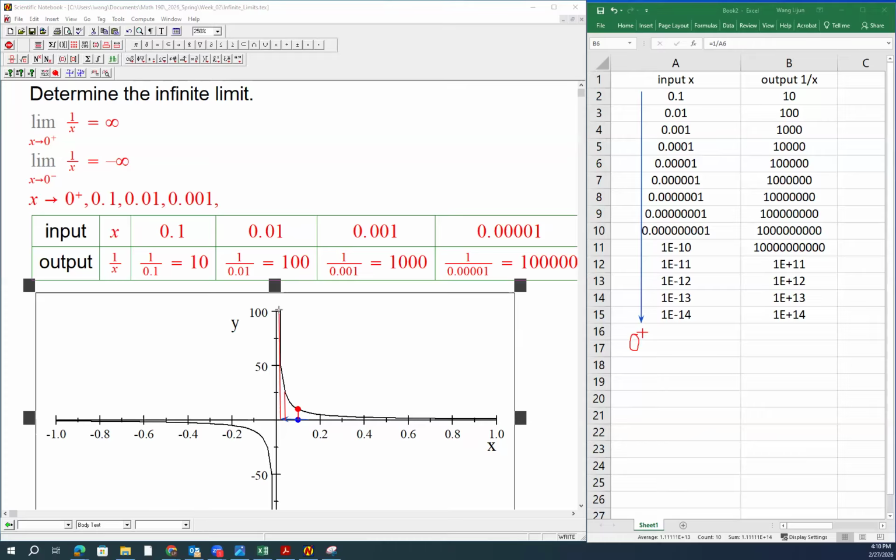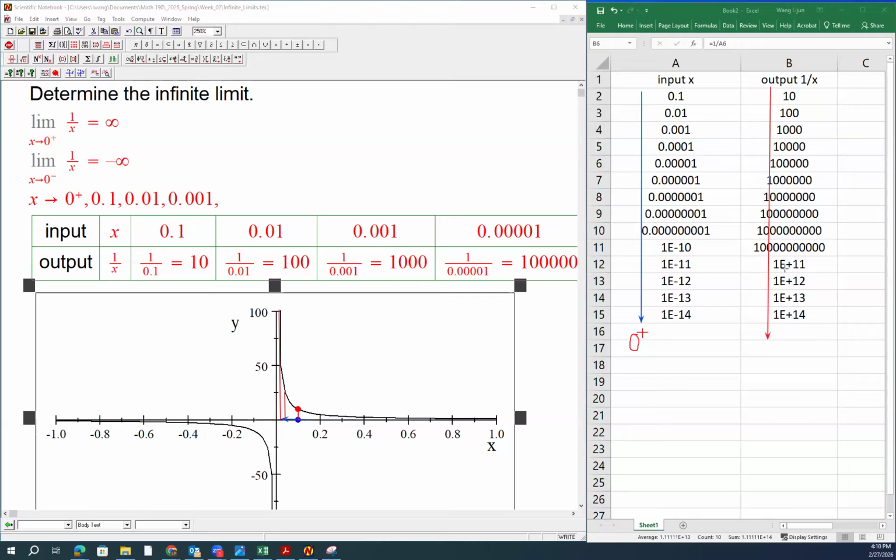So from 100, that's the output for 0.01. If the input is 0.001, the output is going to be even higher. So that tendency, which is a dynamic process, right? The output is getting larger and larger.